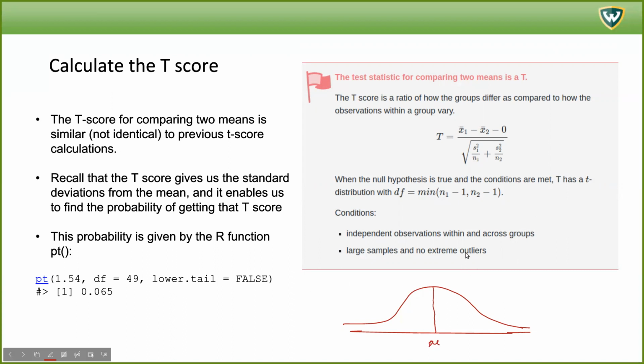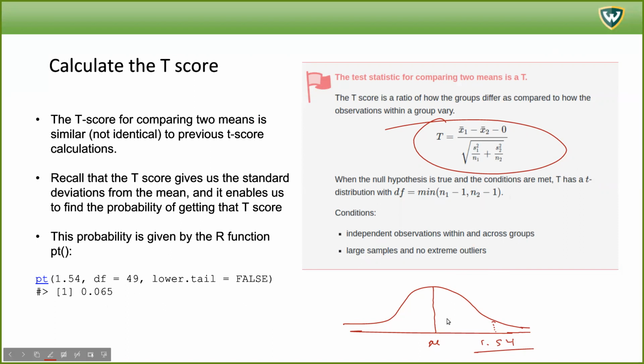So this equation here gives us the t-score first, which is the place on the distribution. It's the number of standard deviations from the mean of whatever variable and data you are working with. In this case here, it's 1.54. So 1.54 means we are 1.54 standard deviations from the mean.